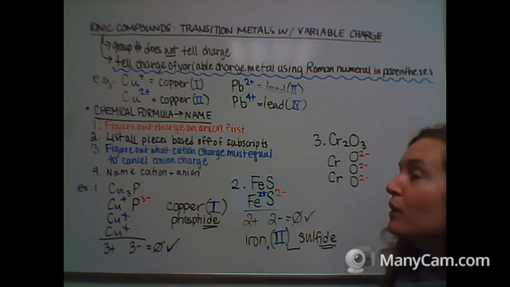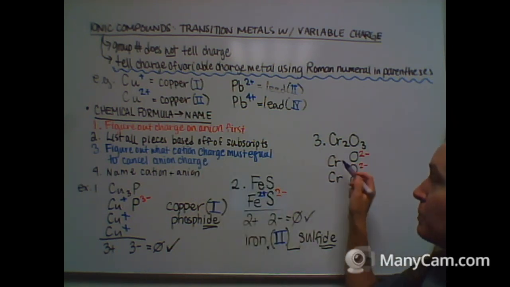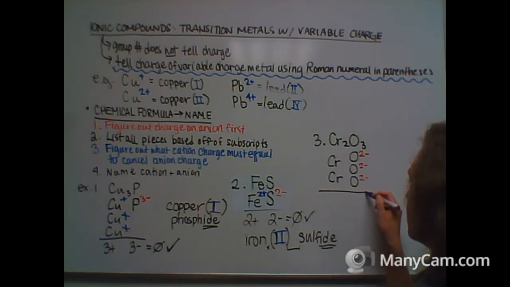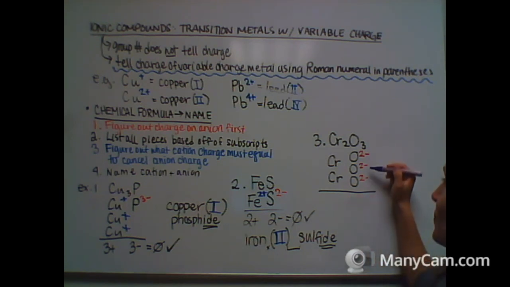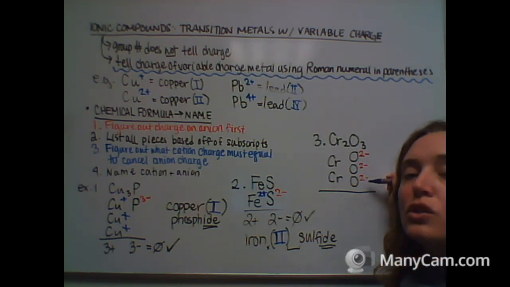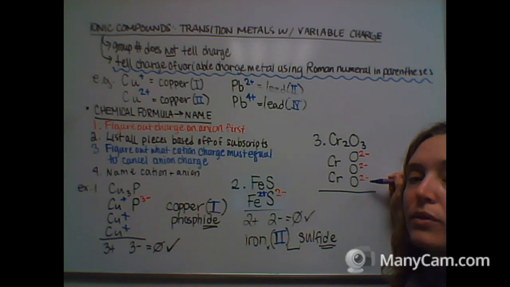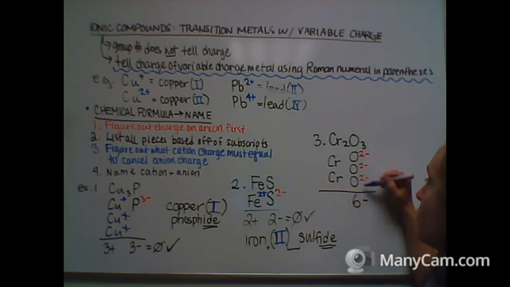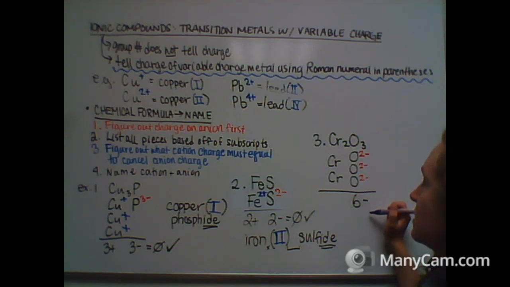Okay, now let's figure out what the cation charge must be in order to cancel out the anion charge. So we've got 3 2 minuses. So what's the total negative charge in this compound? Right, 6 minus. Negative 2 times 3 is negative 6.